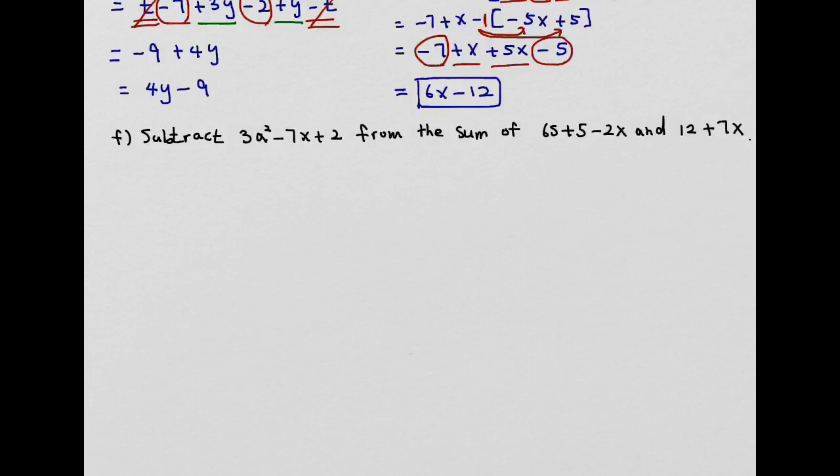So it's saying you want to subtract this from the sum of these two. So the subtraction comes after because you want to write what you want to subtract from first.